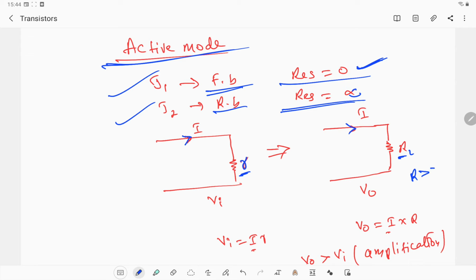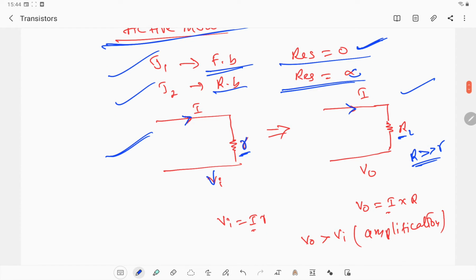Here R is very much greater than small r. Why? Because this is the input circuit and this one is the output circuit, with an input voltage and an output voltage. The same current passes through the input circuit and the output circuit. Input voltage is equal to current into resistance, and output voltage is equal to current into resistance.